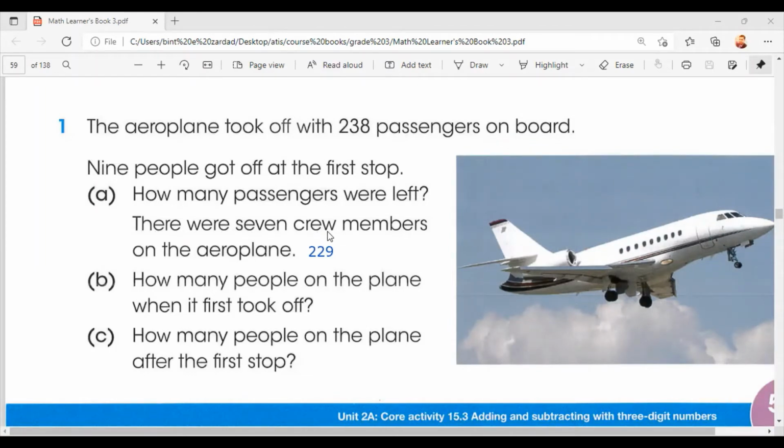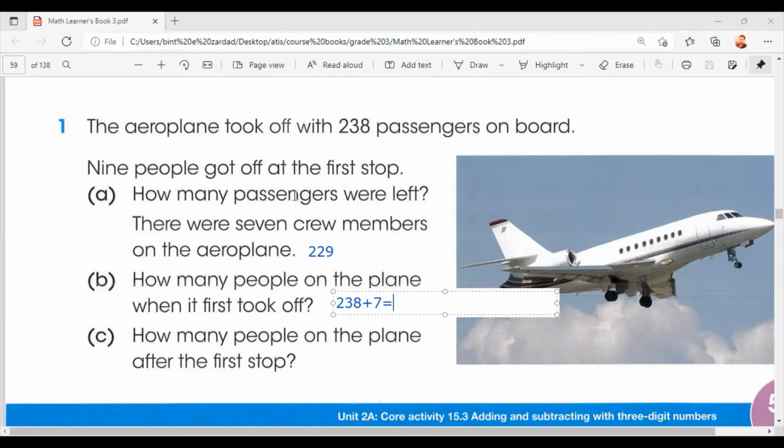There were 7 crew members on the airplane. How many people on the airplane when it first took off? So 238 already there. 238 plus 7, because we don't consider the crew members as passengers.